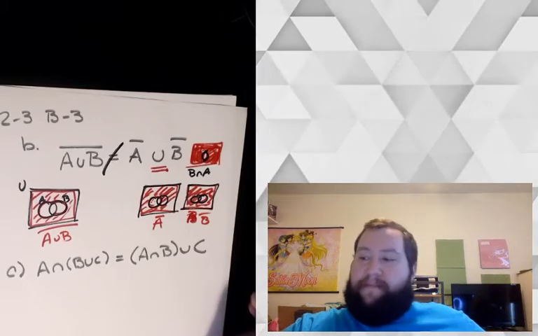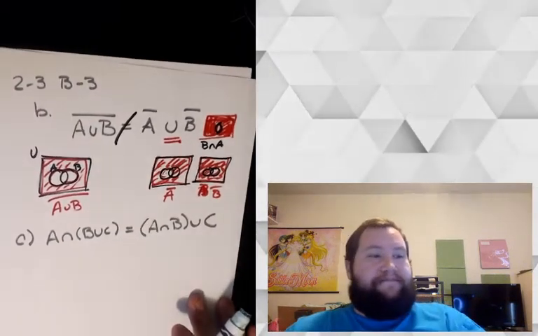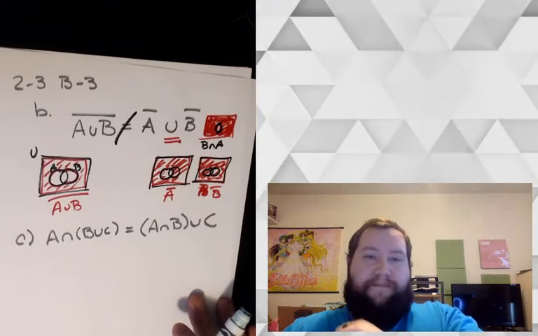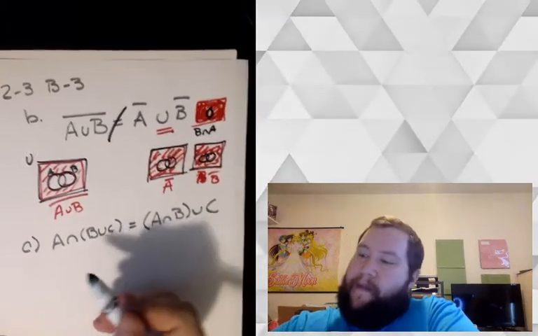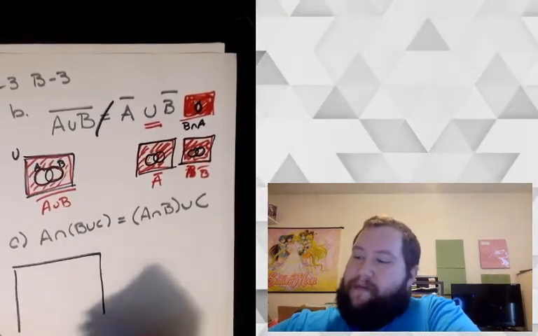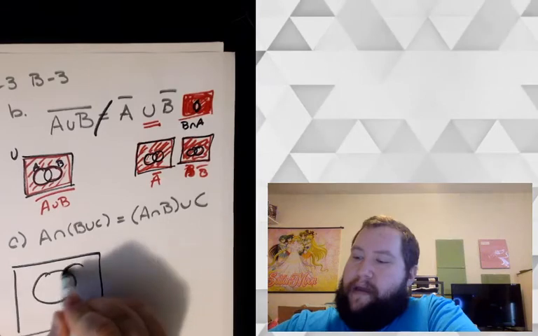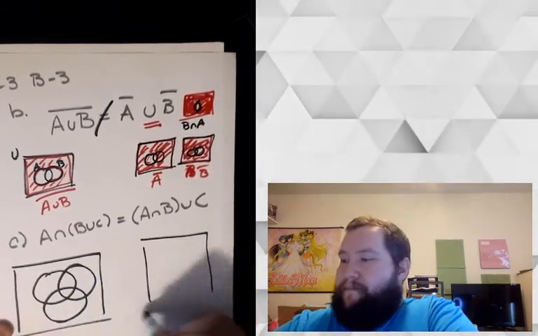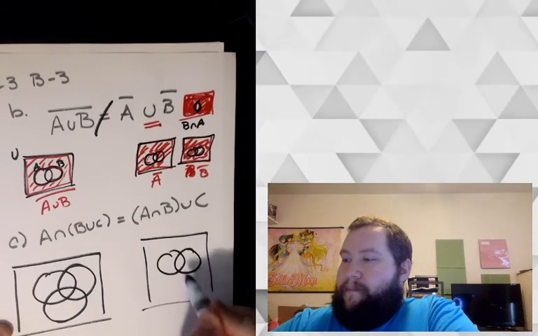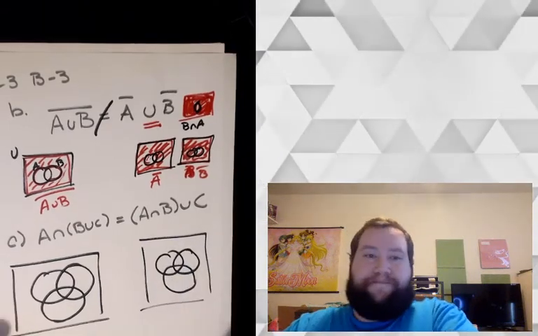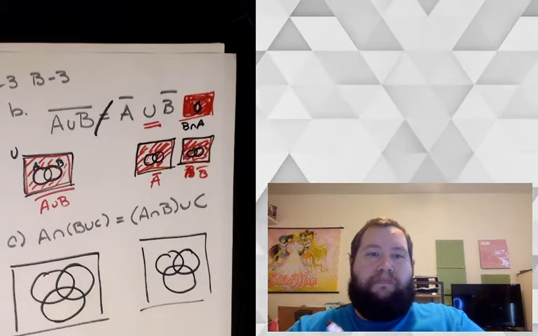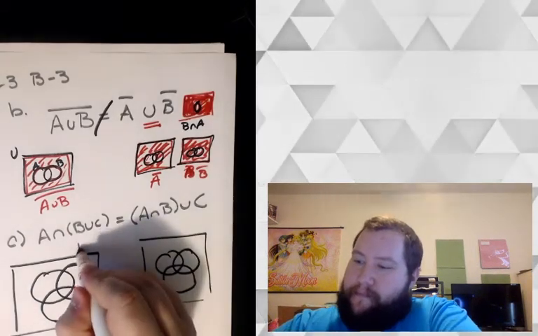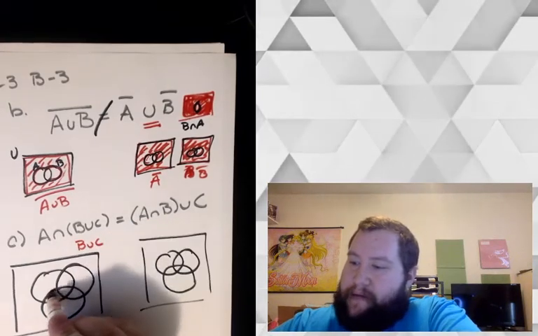And then our last one, A and B or C. And then A and B together or C. So now this will be our first one, the 3. A, B, C. A, B, C. B or C is this piece.